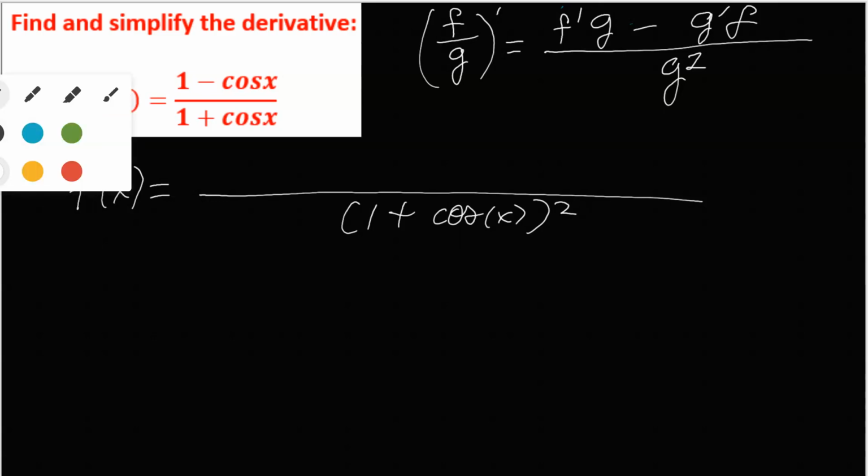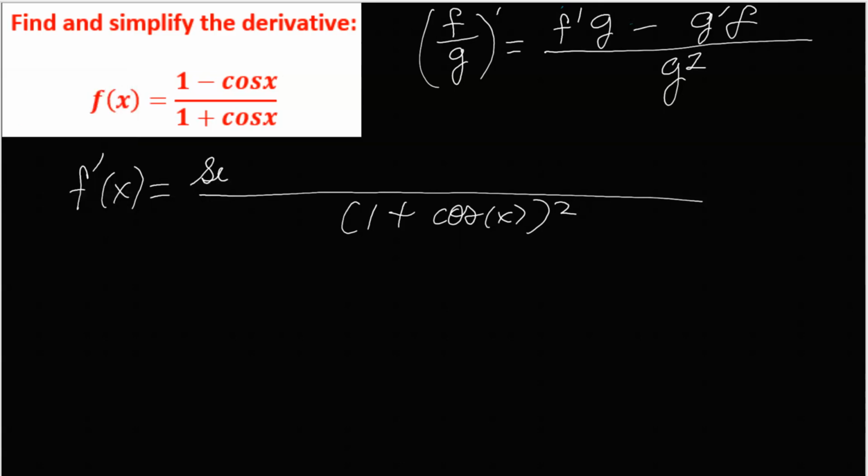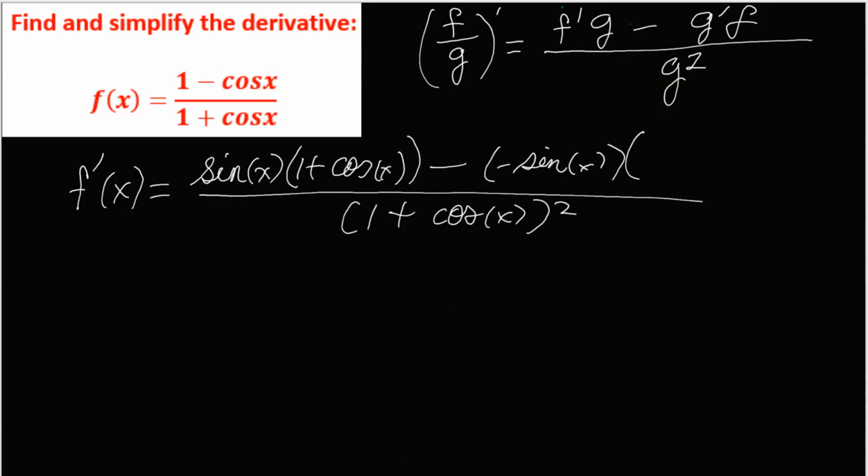So minus a negative sign is going to be a positive sine of x. Multiplied by the second, which would be 1 plus cosine of x, minus the derivative of the denominator, which would be negative sine of x, multiplied by the numerator, which would be 1 minus cosine of x.